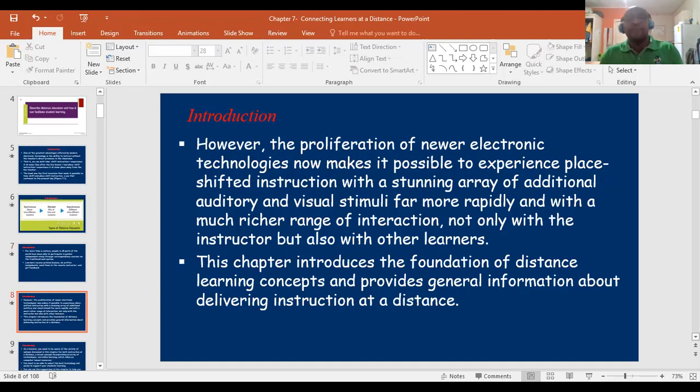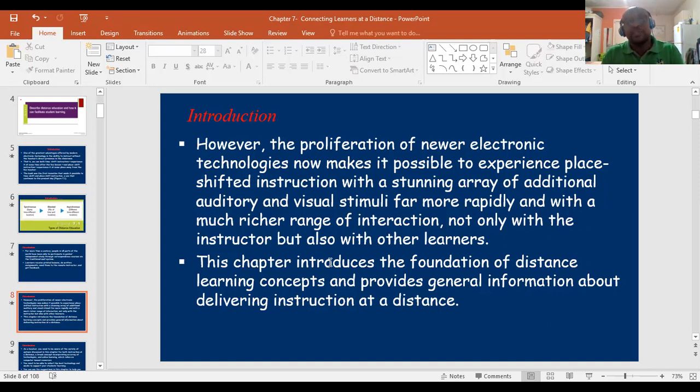Now, however, even if this correspondence was done in a well structured manner, the proliferation of newer electronic technologies as we see them now makes it very possible to experience place-shifted instruction with a stunning array of additional auditory and visual stimuli, far more rapidly and with a much richer range of interaction, not only with the instruction, but also with the learners themselves.